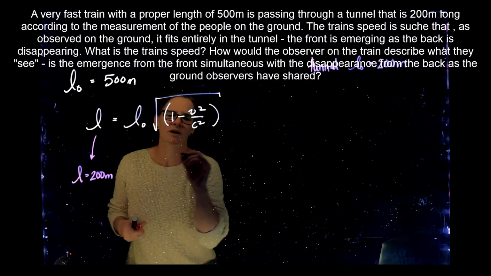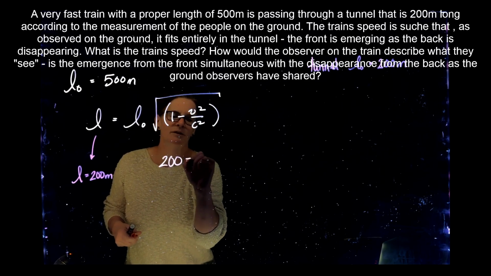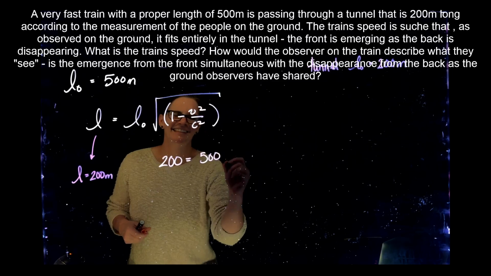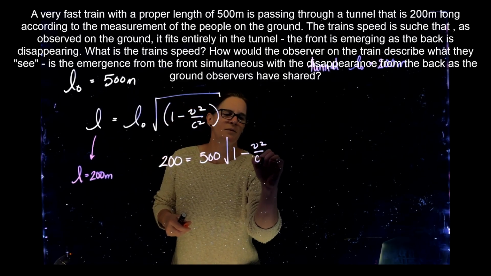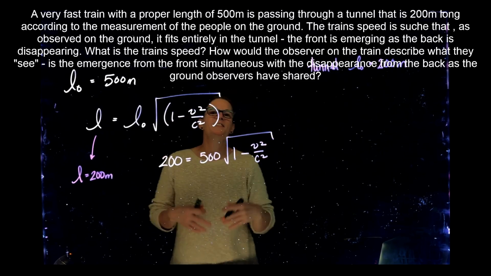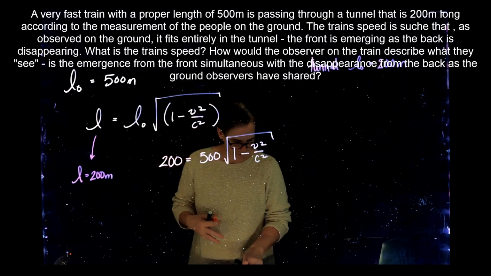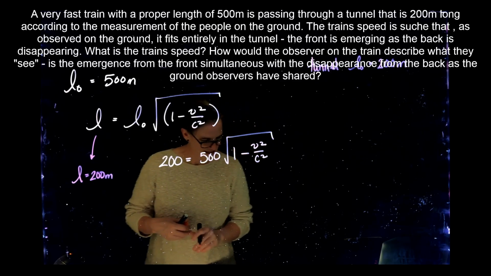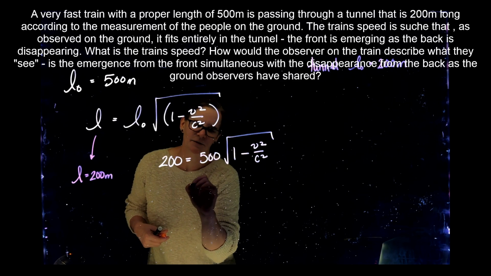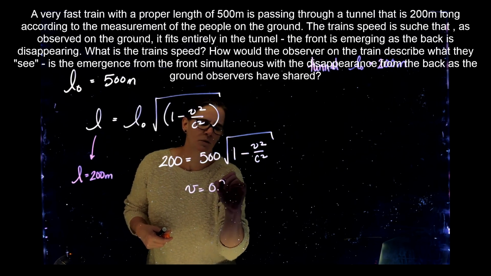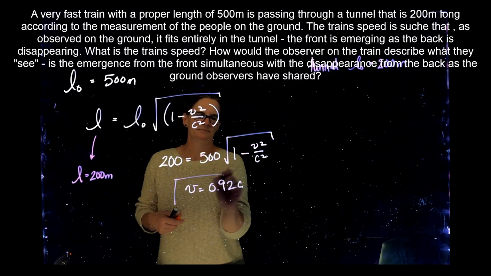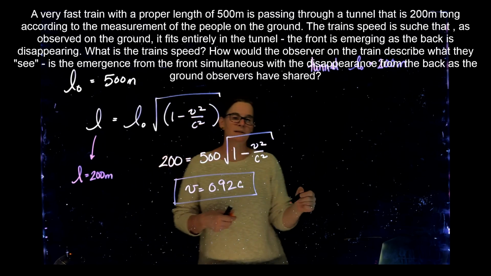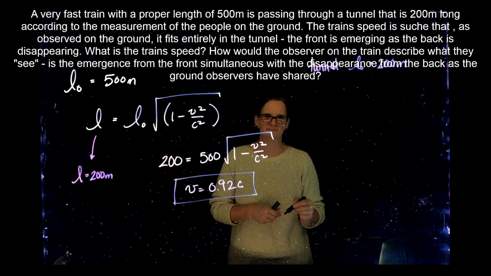So we have 200 equals 500 times the square root of 1 minus v squared over c squared. And when we solve for v in that relationship, we get that v is equal to 0.92 times the speed of light. So 92% of the speed of light, that train is traveling.